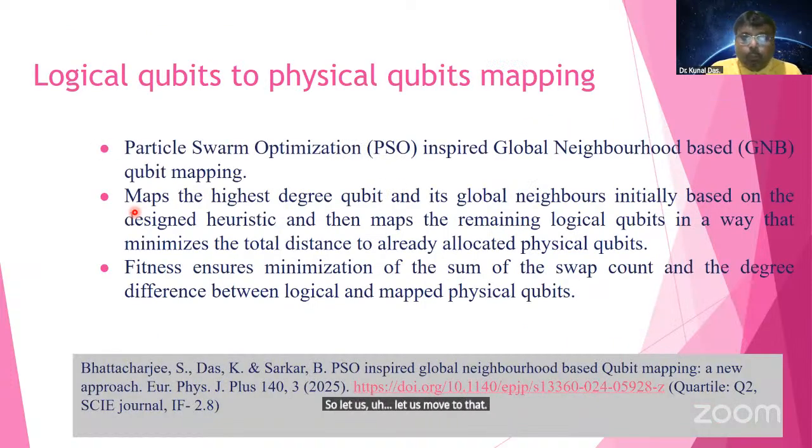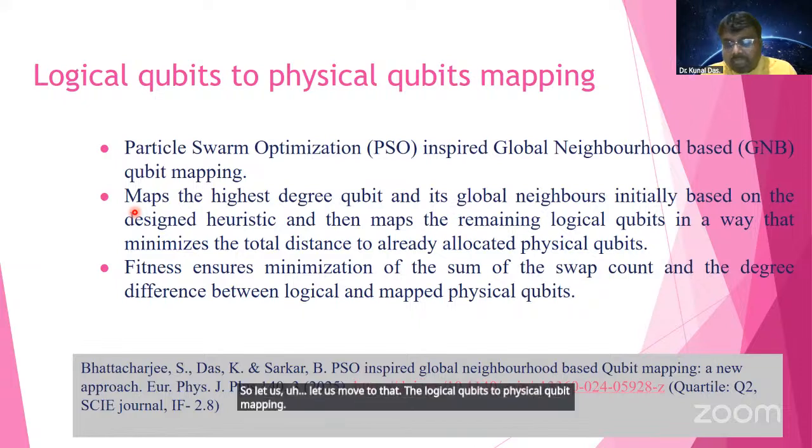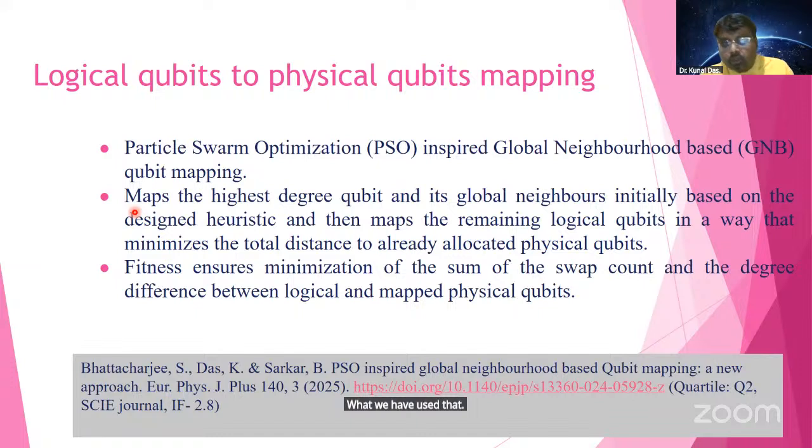The logical qubits to physical qubit mapping that we have used is the PSO-inspired global neighboring qubit mapping. Here we have introduced particle swarm optimization to optimize the routing, as it is optimizing the routing steps, and initial placement we have done with the degree.